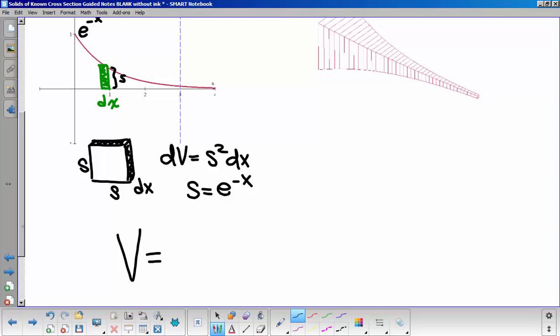So then I'm going to add up a bunch of squares from x equals 0 to 3. This is one slice, so I'm going to sum them all up from 0 to 3 of S squared, which happens to be e to the negative x, quantity squared, dx.